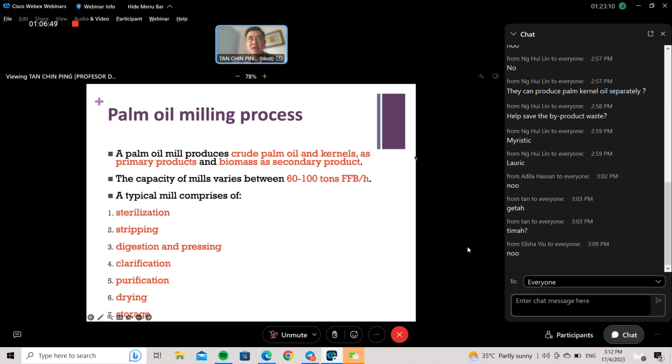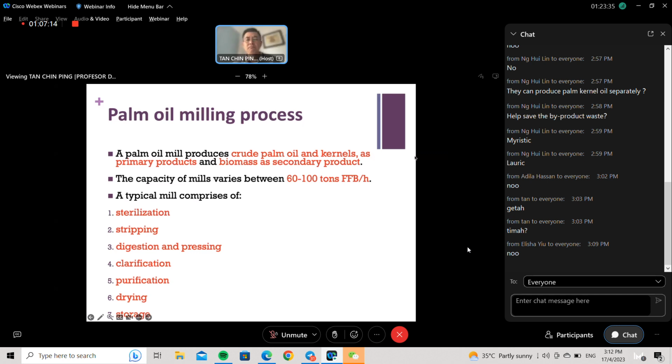If it is running at about 16 hours, two shifts, then it can swallow about 1,600 tons of FFB. So that is how big the volume a mill can handle in a day.